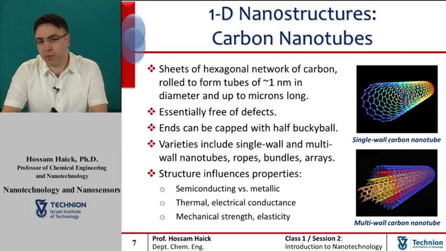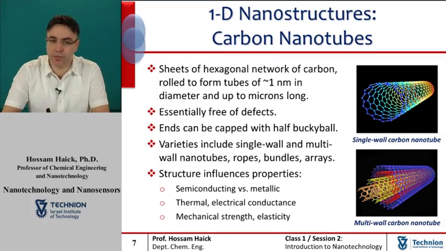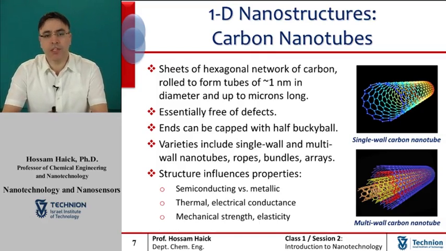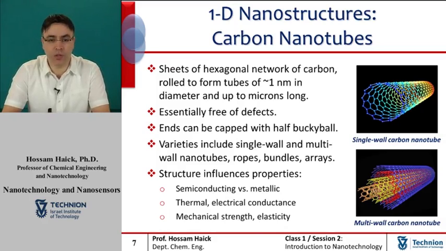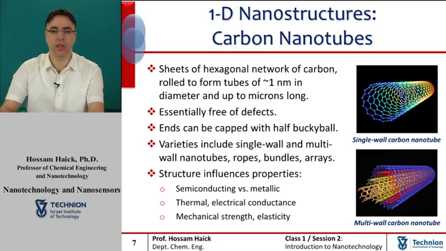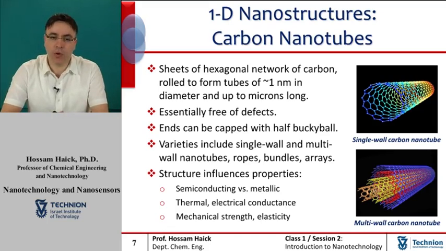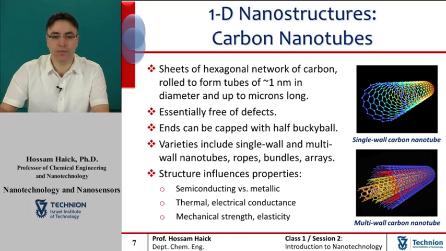We will move right now to the carbon nanotubes. Carbon nanotubes are long, hollow structures with the walls formed by one-atom-thick sheets of carbon, which we usually call, in the scientific literature, graphene. These sheets are rolled at specific and discrete chiral angles, and the combination of the rolling angle and the radius decides the nanotube properties.